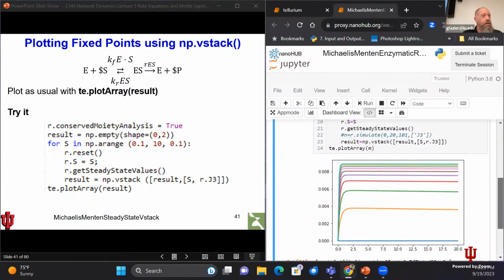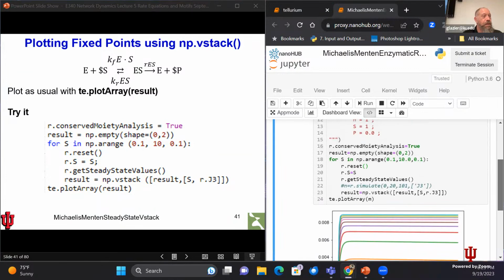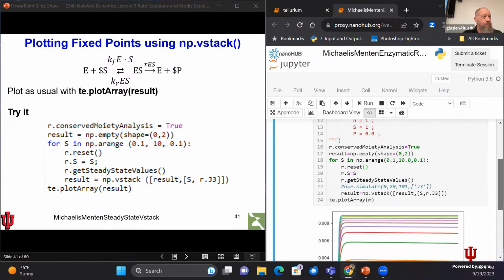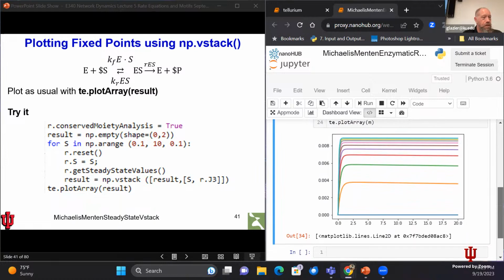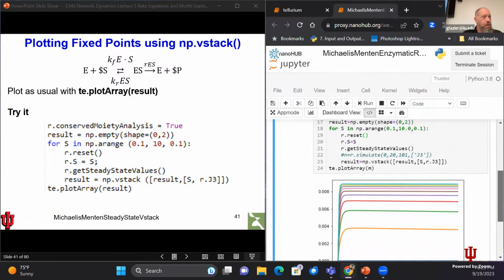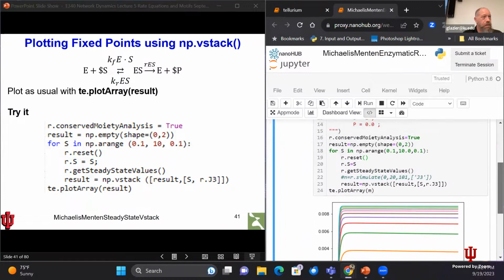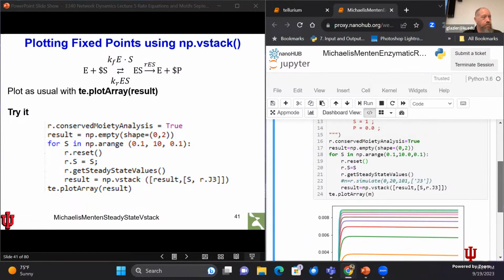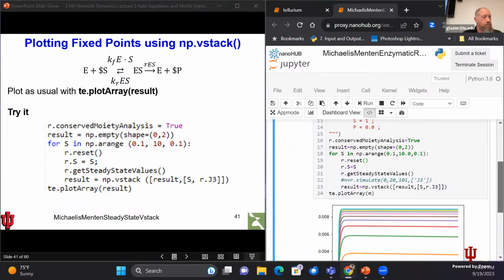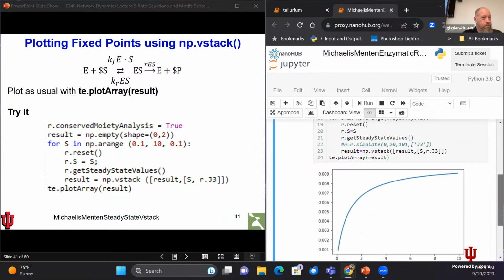All right, that worked, except it didn't plot what I wanted. Oh, because I plotted M, not result. There we go.